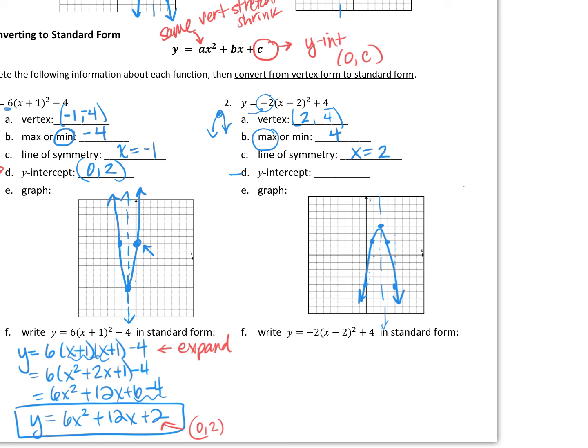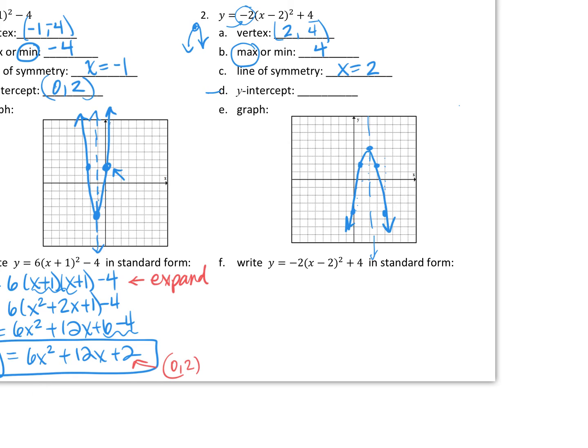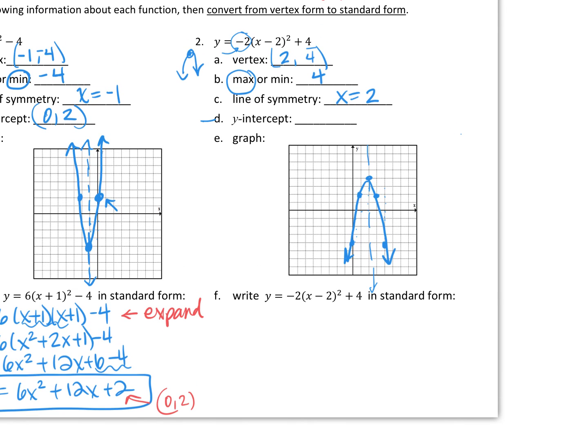All right, so let's see if this jives with our equation, because it looks like our y-intercept is at 0, negative 4. So it should make sense when we see our equation. Let's see what happens. So we want to write this in standard form, so we need to expand this out. So negative 2 times x minus 2 times x minus 2, plus 4.